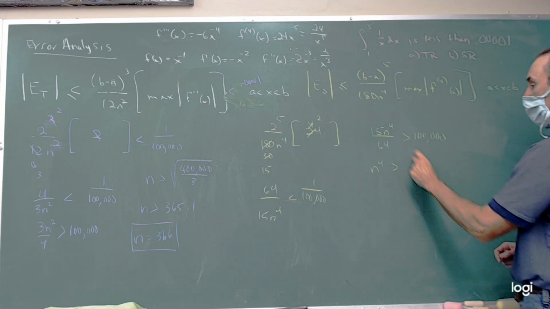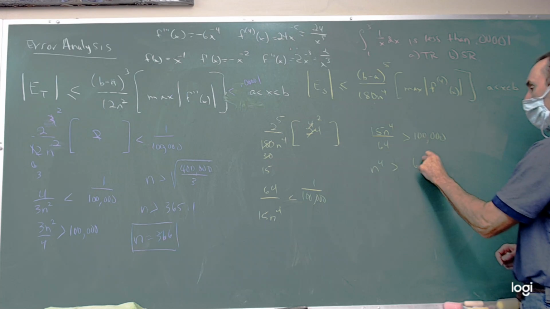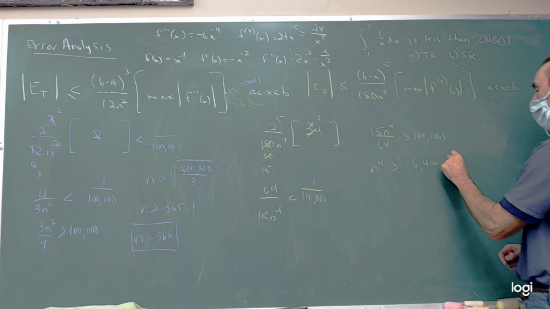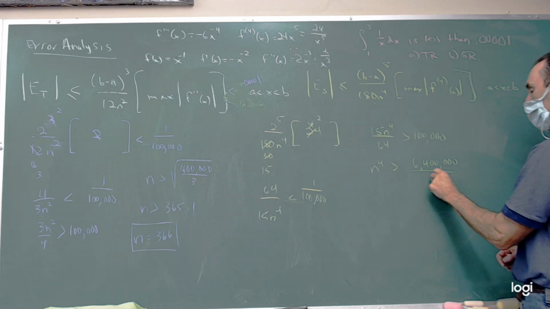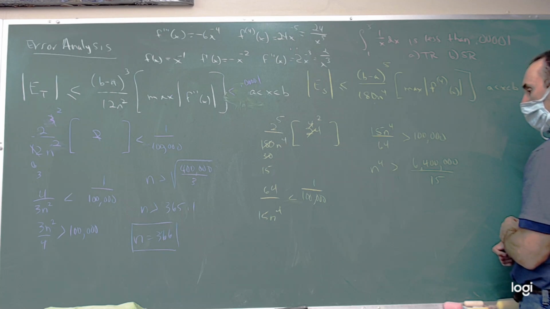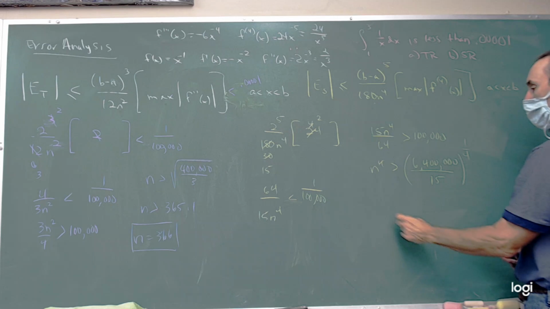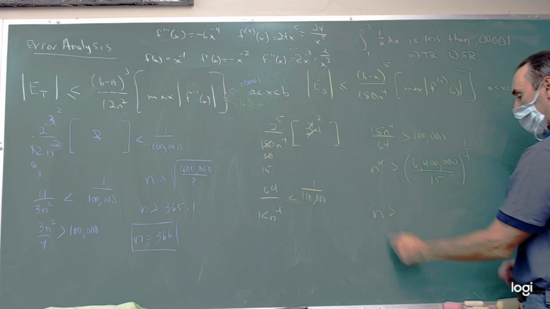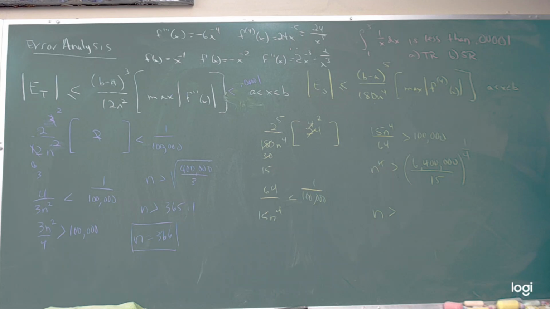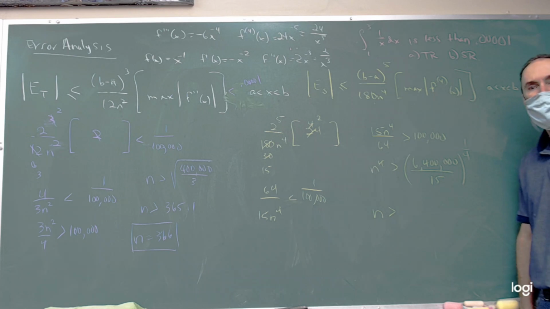So we're going to take the 64 times the 100,000 divided by the 15. And then we're going to take that to the 1/4 power. And you can tell me that to, say, the nearest tenth before we decide how many that's telling us.